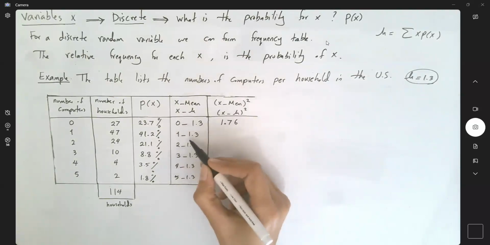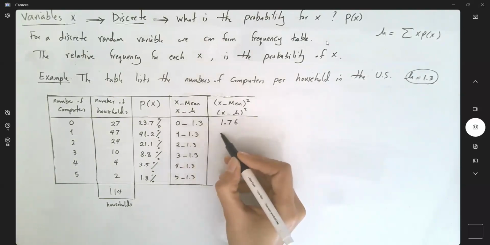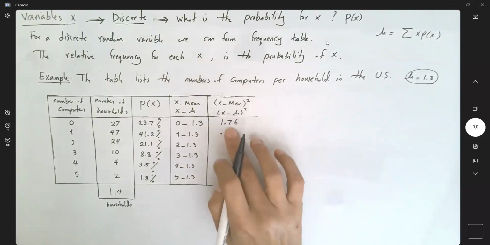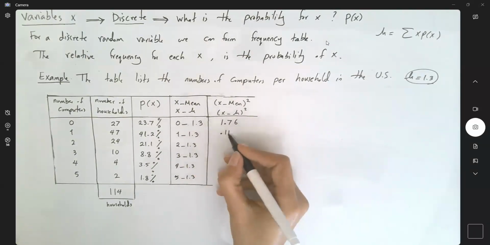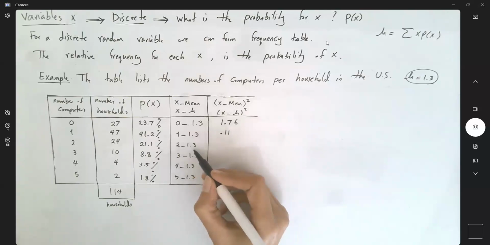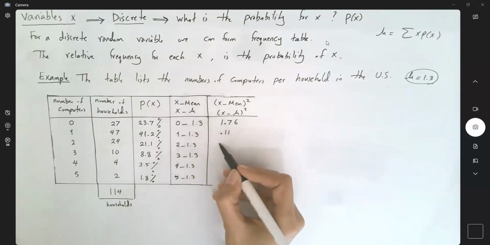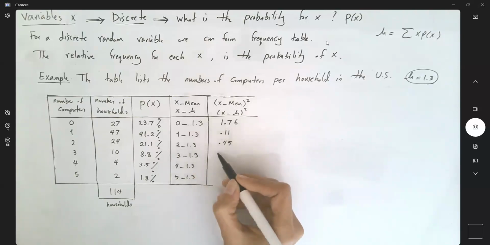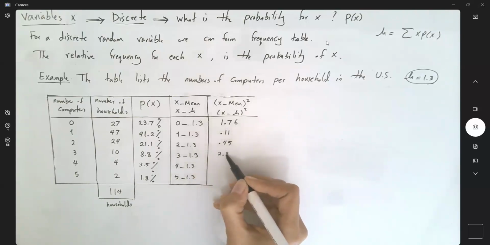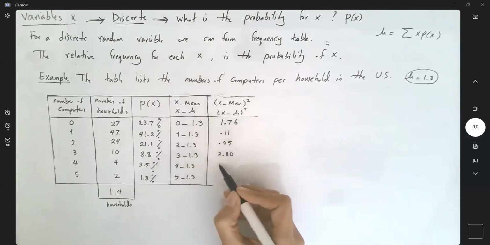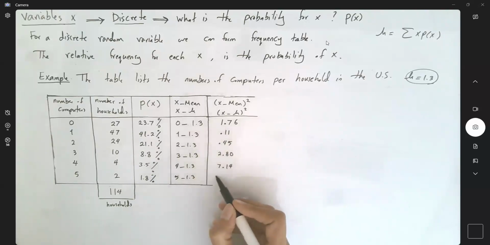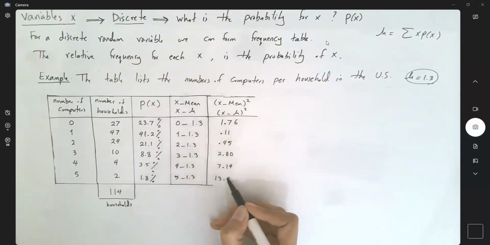This number raised to second power is 0.11. I'm rounding everything. Then this number raised to second power is going to be 0.45. This number raised to second power, 2.80. This number raised to second power, 7.14. This number raised to second power, 13.48.